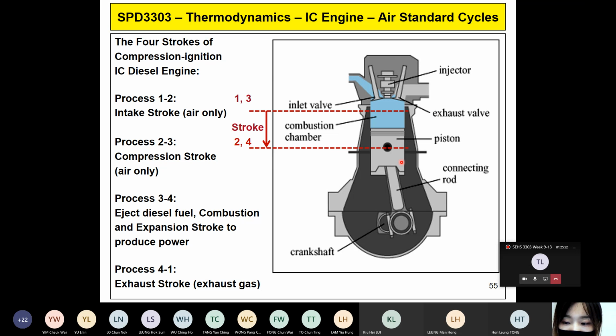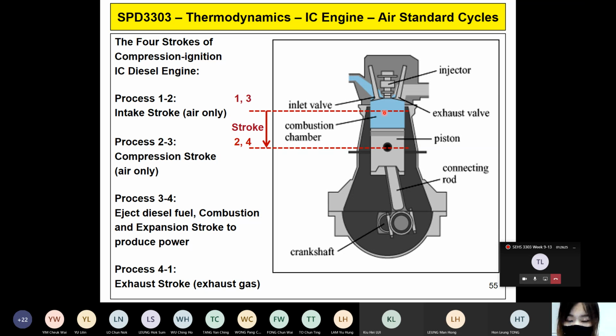The piston moves upward until the top dead center. Everything goes back to the initial state, back to the starting point. We can start another full stroke again. By repeating these full strokes, we can obtain continuous work output. We can obtain the power for our vehicles.